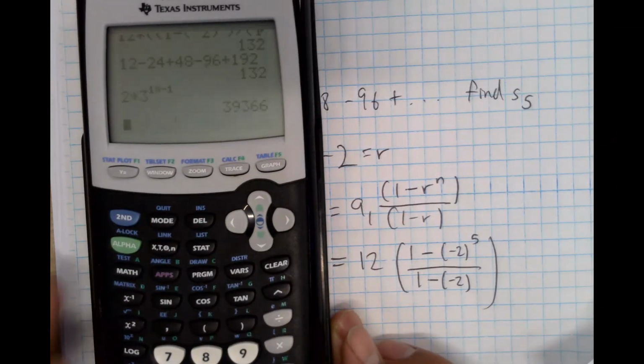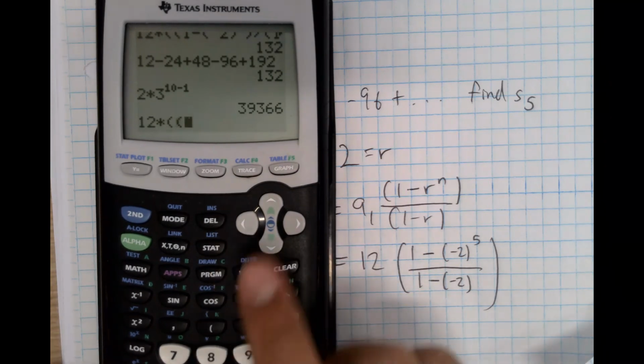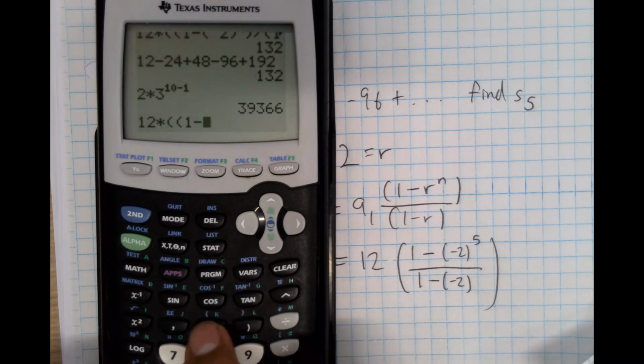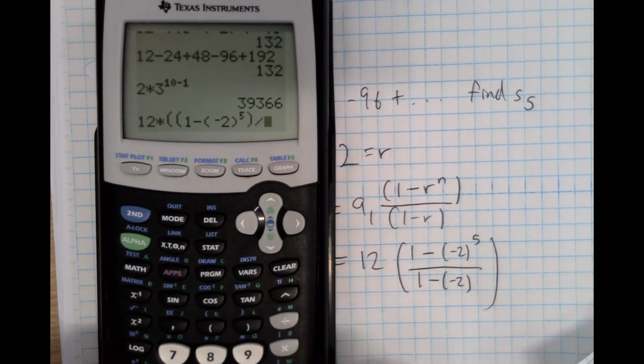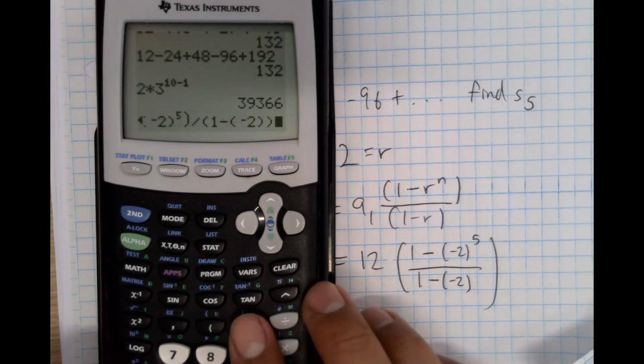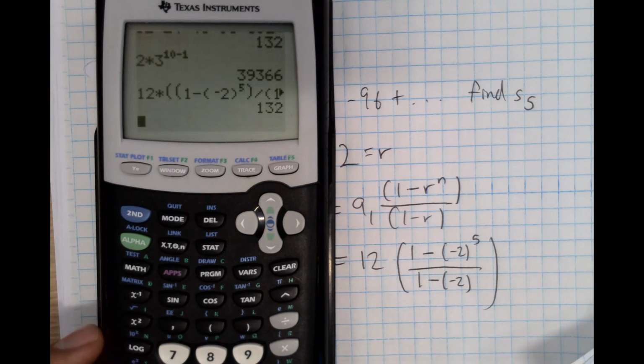You want to do 12 times, and I'm going to do double parentheses here, 1 minus parentheses -2 to the fifth power. Then I'm going to close off this parentheses, divided by parentheses 1 minus parentheses -2 parentheses, and I can actually put one more to close this off. And I get 132.